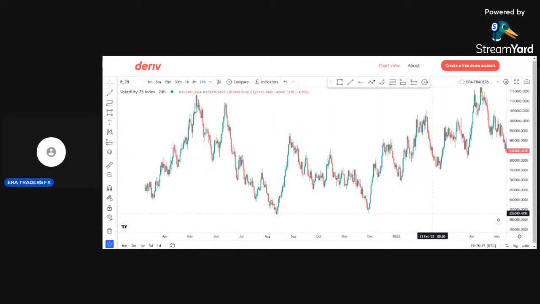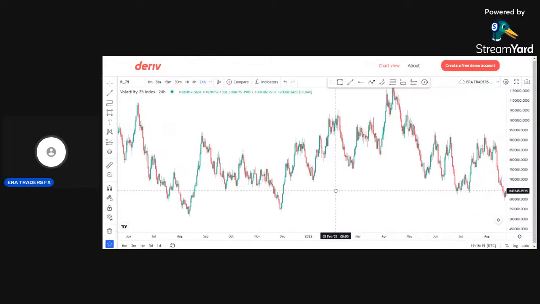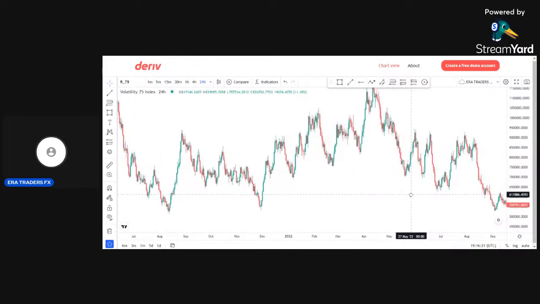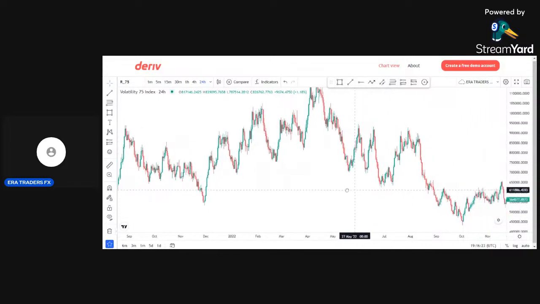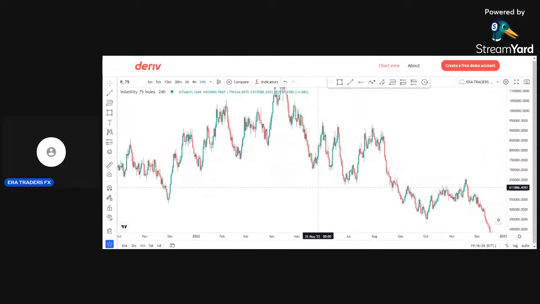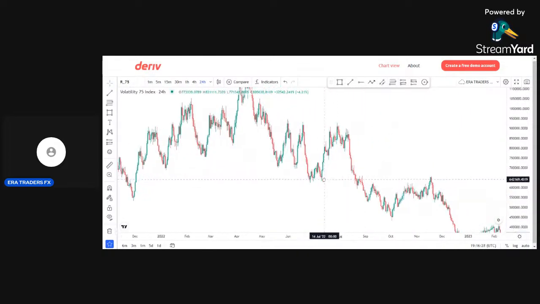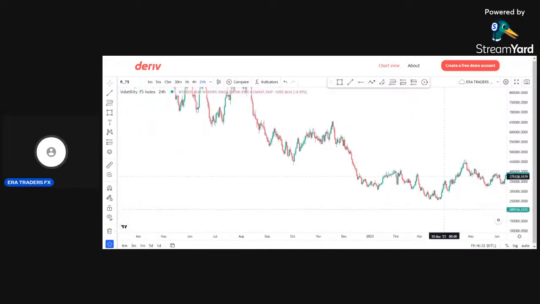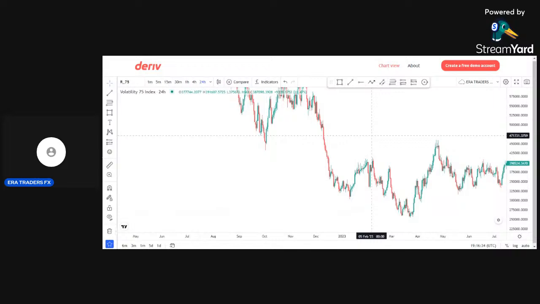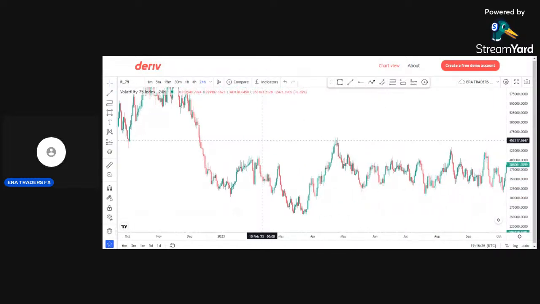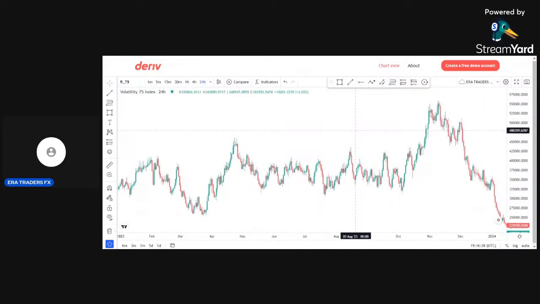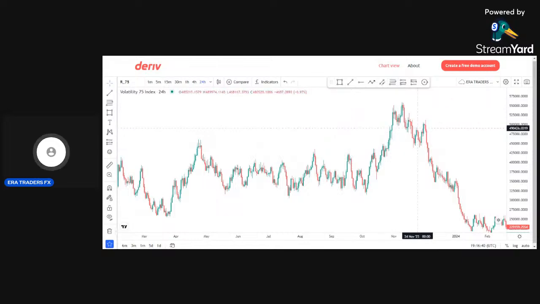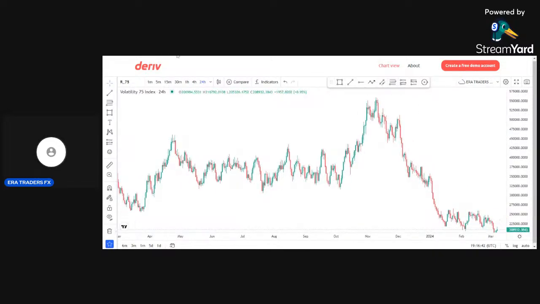All right, I'm just trying to look for the perfect one, the ones that are very clear. Sometimes you might not even retrace into the mitigation block. All right, so let me go through breaker block.